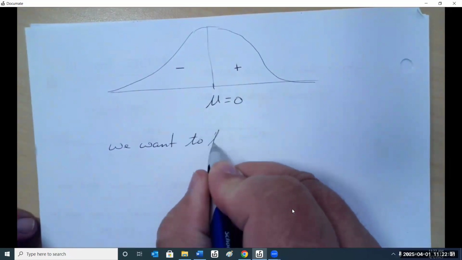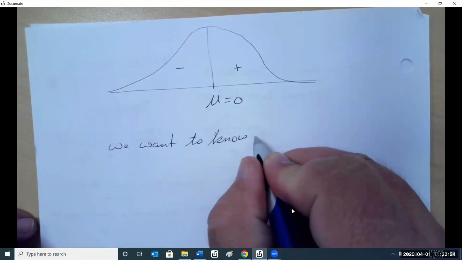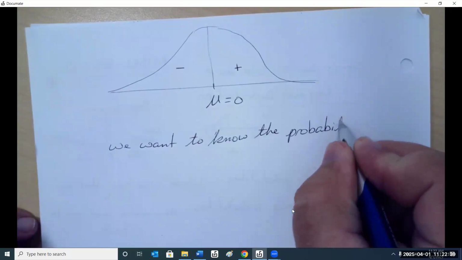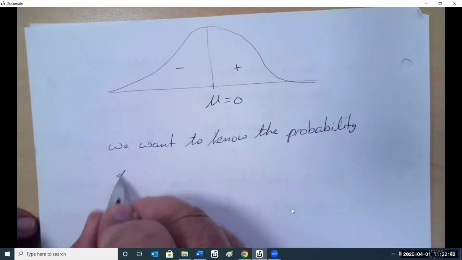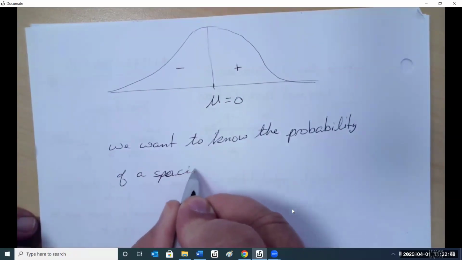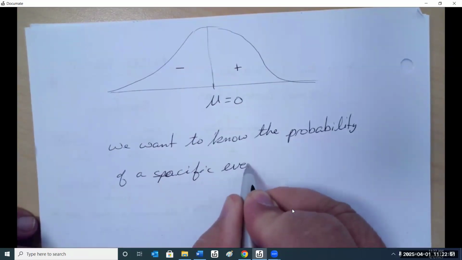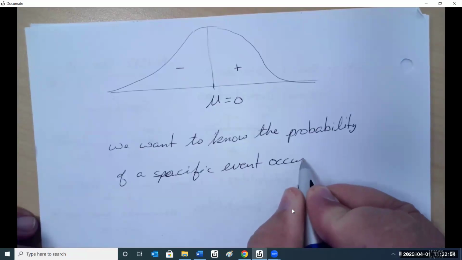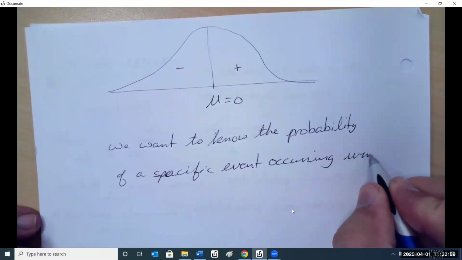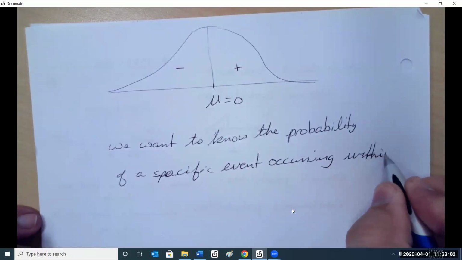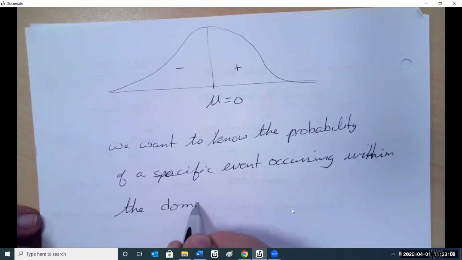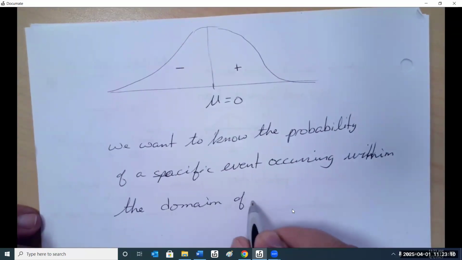We want to know the probability of a specific event occurring within the domain of the data.